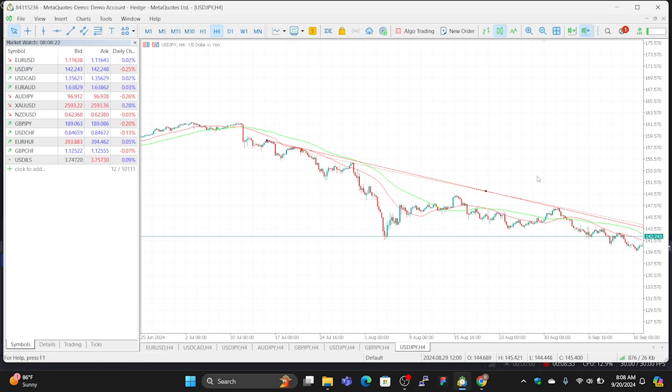When the 30 period moving average crosses the 60 period moving average going up, that is an uptrend, so it's a signal that the market is going to go up. When the 30 period moving average crosses the 60 period moving average going down, the market is going to be bearish. So that's how we use it as a trading signal.